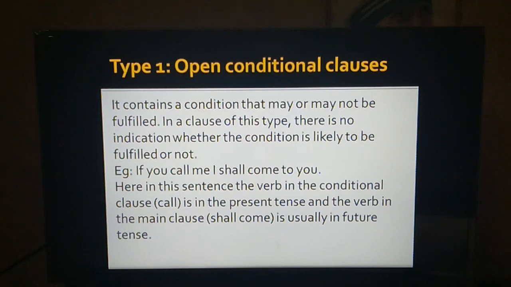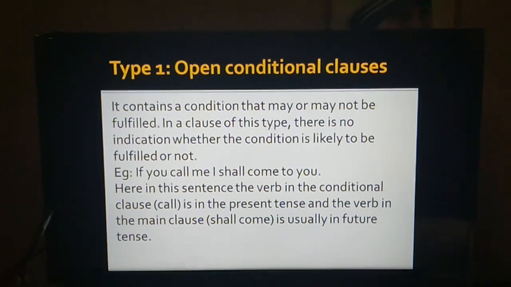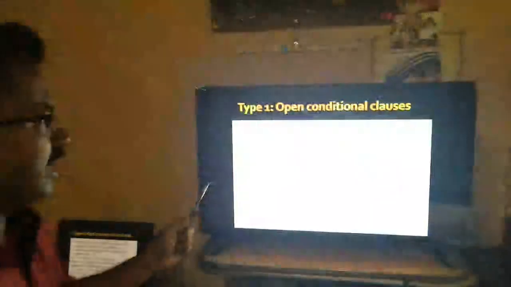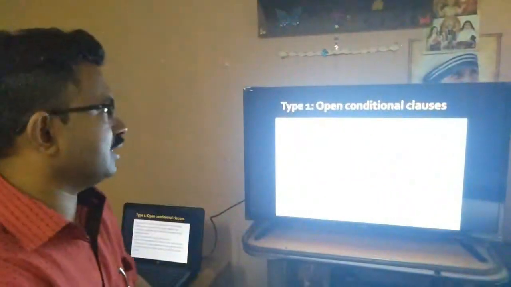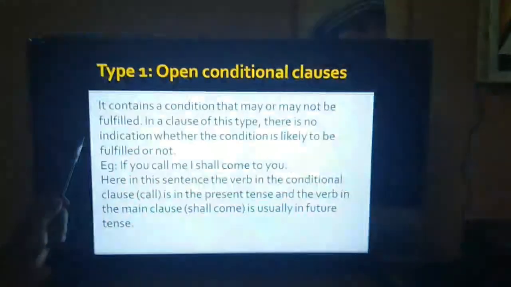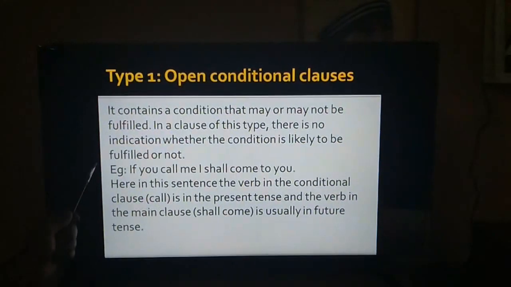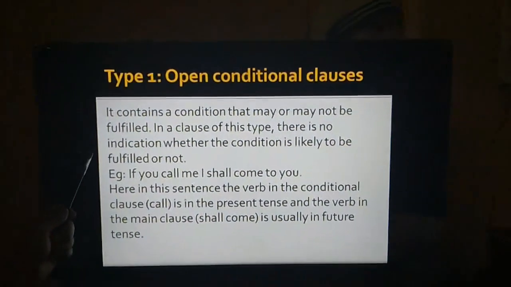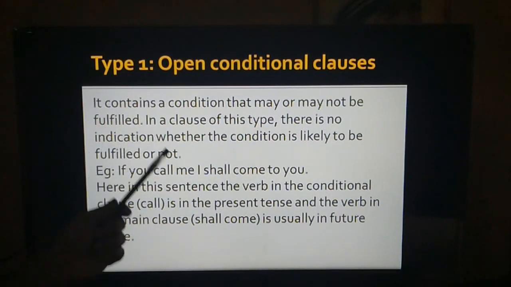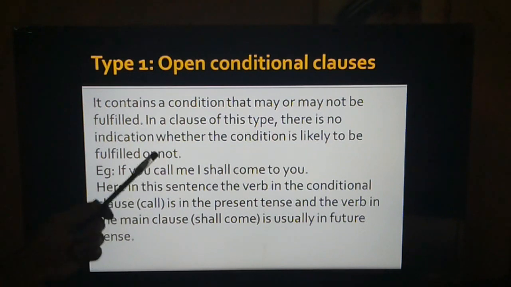So there are two clauses in open conditionals: first the dependent if clause, which tells about the condition, and then the main clause, which gives the result of the condition.